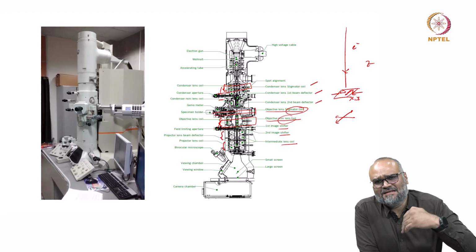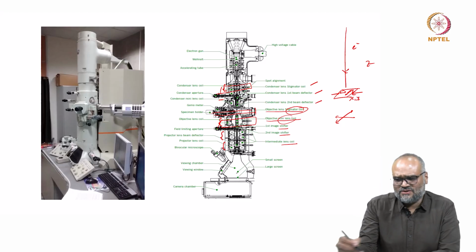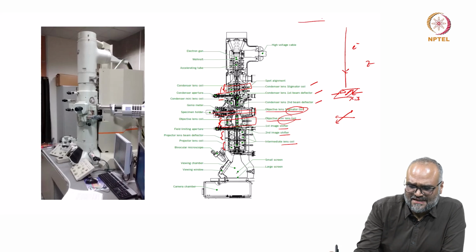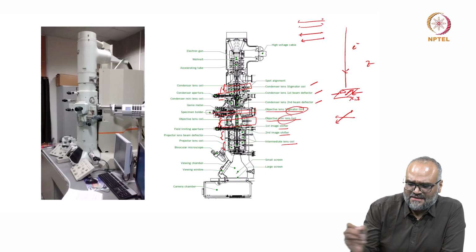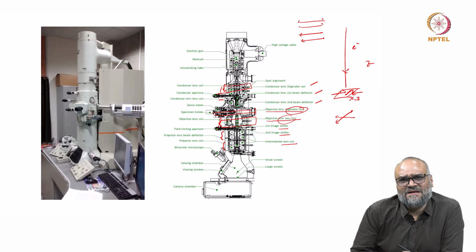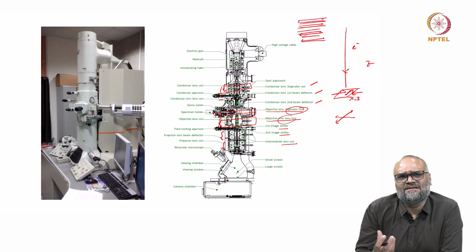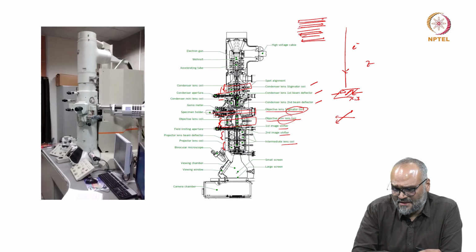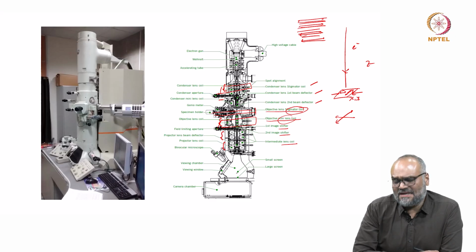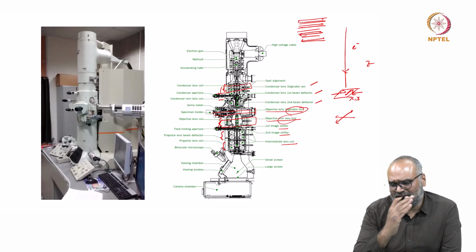So either I deflect the beam, and I can use beam deflection to also cause rastering, which is one of the methodologies of imaging where I form an electron probe and scan from left to right in series like this, and form an image by collecting the forward scattered electrons. Or I might want to tilt the beam.